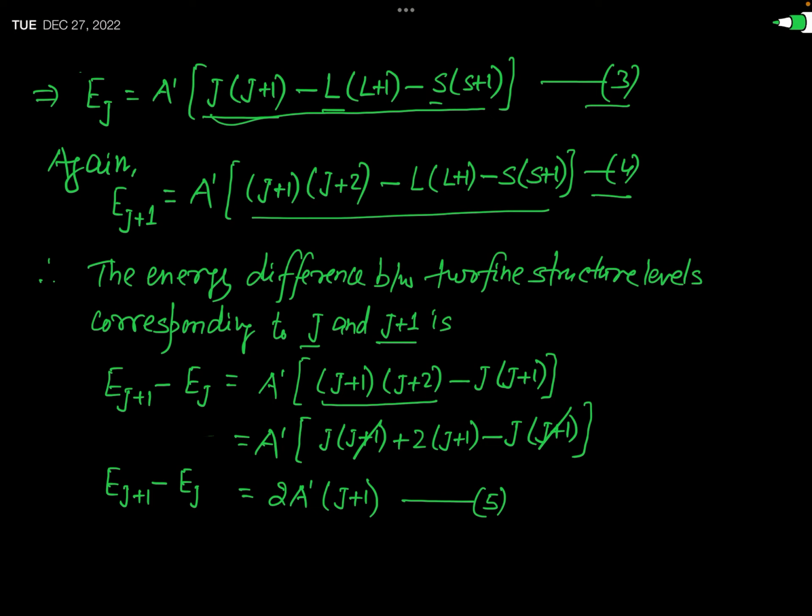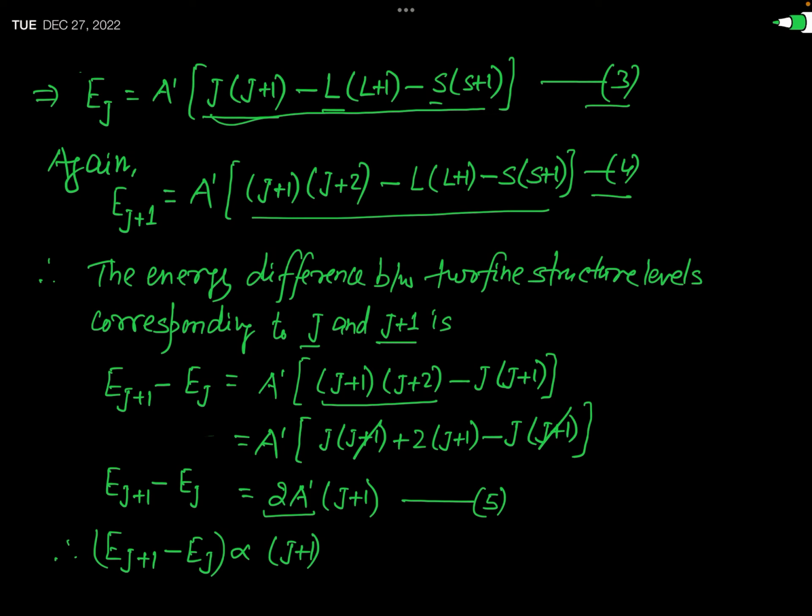You can see, since this 2A prime is a constant term, you can say that this energy difference EJ plus 1 minus EJ is directly proportional to J plus 1.